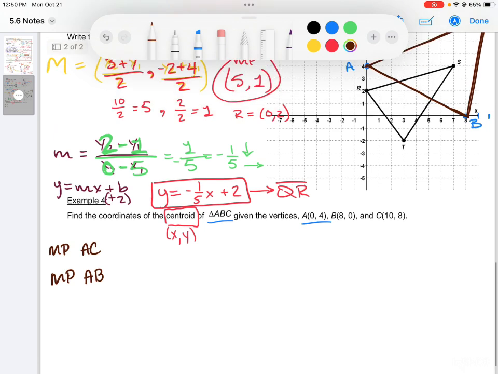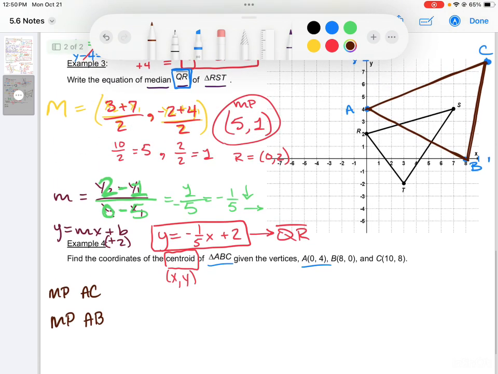I've also got to find the midpoint of A to B. And I've also got to find the midpoint of C to B. All right? So I've got to find all of those midpoints. Then I will connect them to their opposite vertices, and that will reveal my centroid.